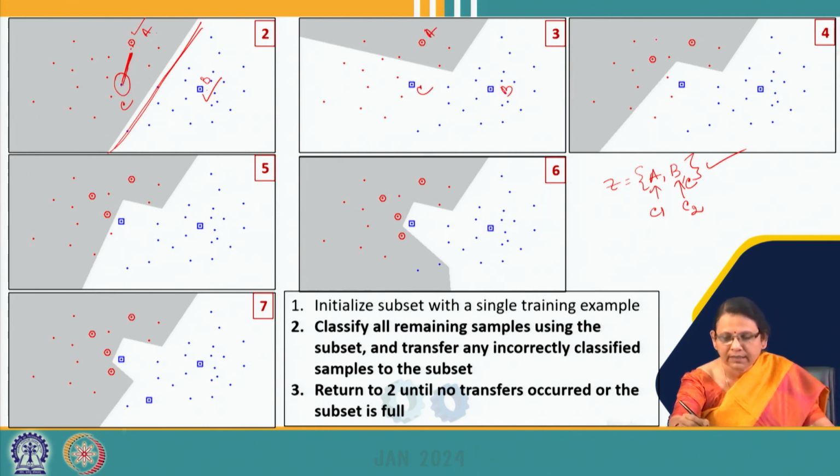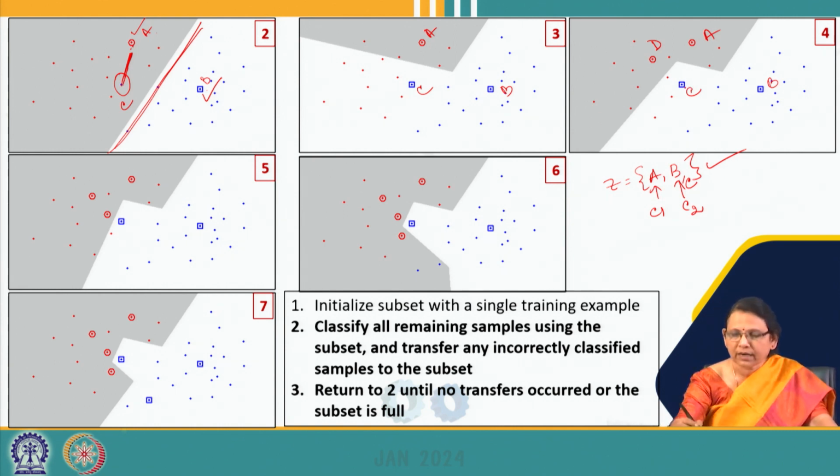Now, we have A, B and C, and we have discovered another point D, which is supposed to be close to A, but it turns out that it has become close to C. So, now you transfer D to this set as well. A, B was there, now C is there, and what was the class of C?